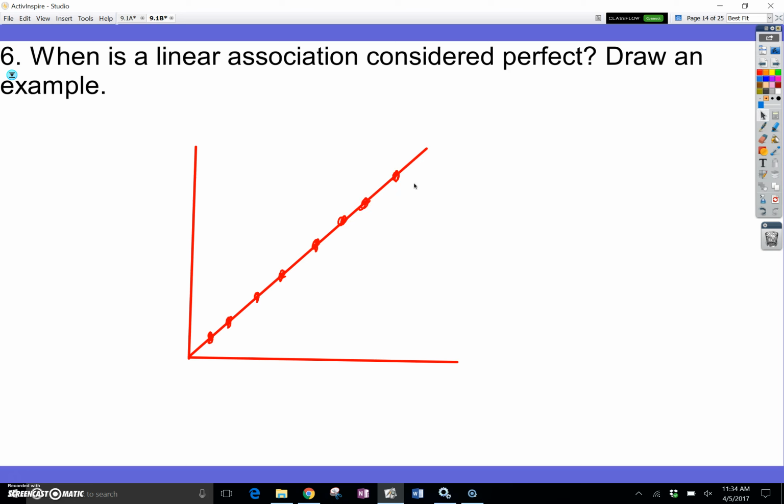Now if I move this line, you can see that the points would make this type of line, and that would be considered perfect. I'll go ahead and write that down. Make sure you write it down with me. When all points are on the same line.